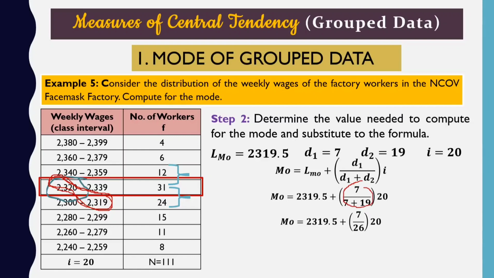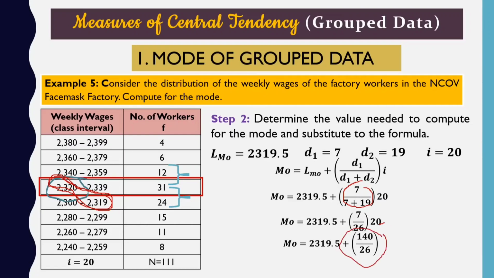So we have 2319.5 plus the quantity 7 over 26 times 20. Next, we multiply this. So we have 2319.5 plus 140 over 26.